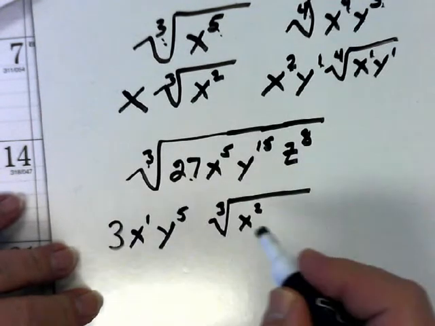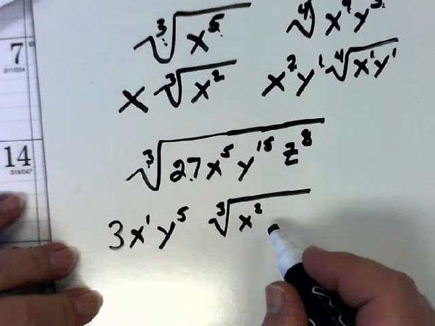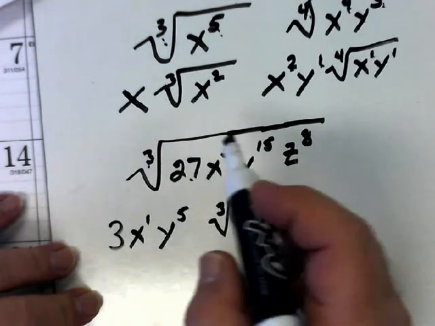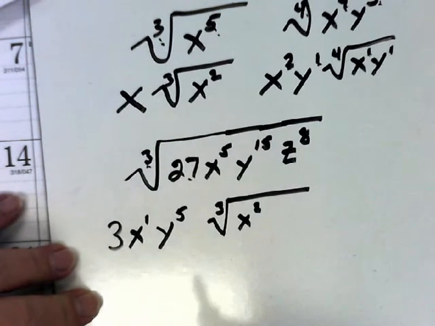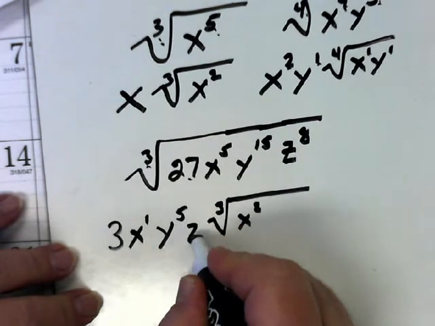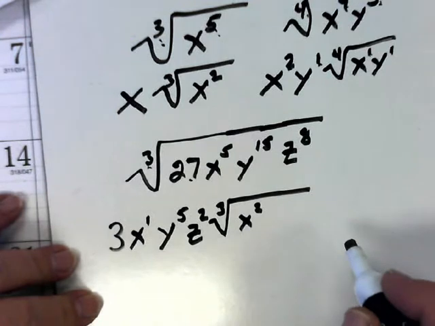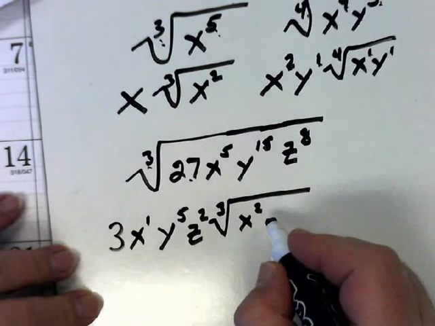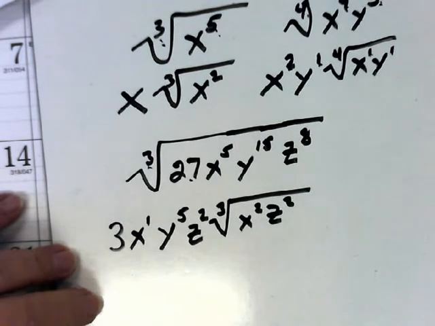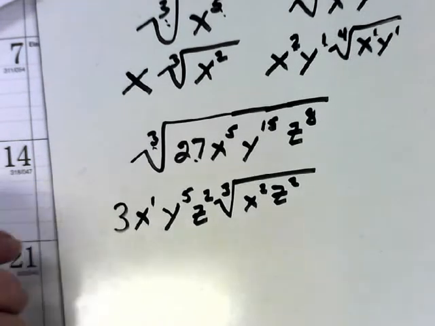Is there anything left over? So do I have a y inside the radical? Nope. 3 goes into 8 how many times? Twice. Do I have anything left over? So that radical would be simplified.